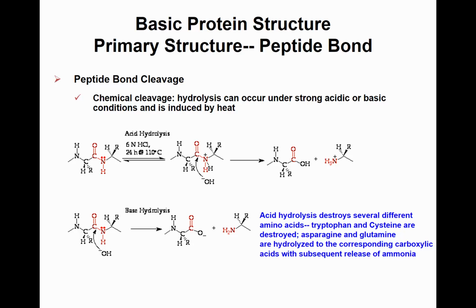They are destroyed, and asparagine and glutamine are converted to aspartic acid and glutamic acid. So in order to determine these amino acids, you can do NaOH hydrolysis. So oftentimes, to determine the entire composition of the protein, you have to hydrolyze using different methods so that you can quantify everything.